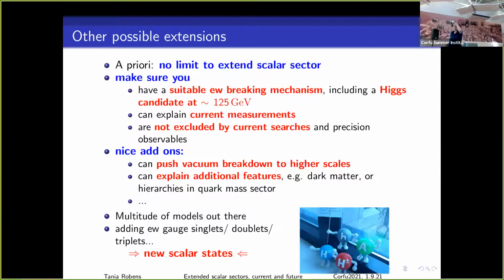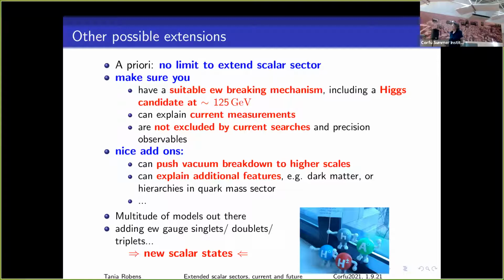So then if you say, okay, let's go away from the standard model, what can I do now, concentrating on the scalar sector? In principle, you can do what you want. Of course, you have to have some sanity checks. The first sanity check would be to have a suitable electroweak breaking mechanism, including a Higgs candidate at 125 GeV that complies with current measurements.